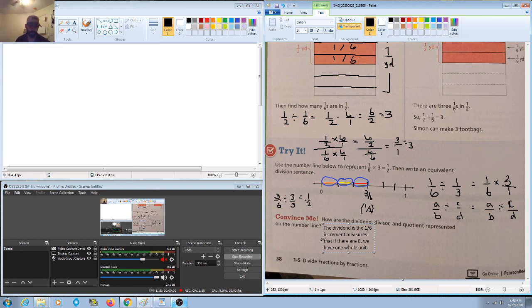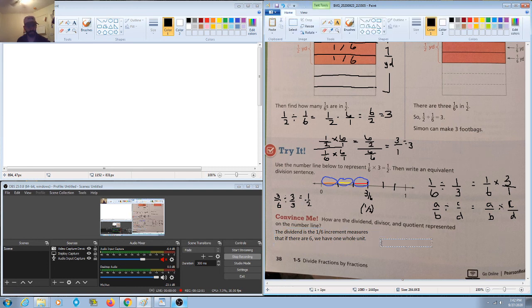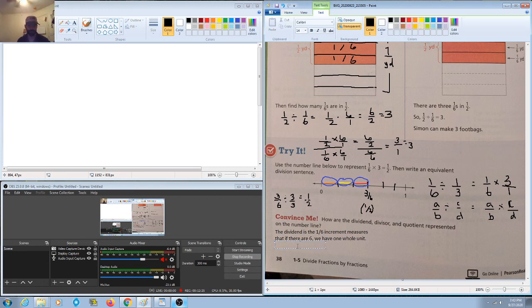So the dividend is the 1/6 increment measures that if there are 6 of them, we have the whole 1 unit. So that's kind of representing this by here. These are those 1/6 increments that if there are 3 of them, which we multiplied by, then we have the resultant of our quotient.